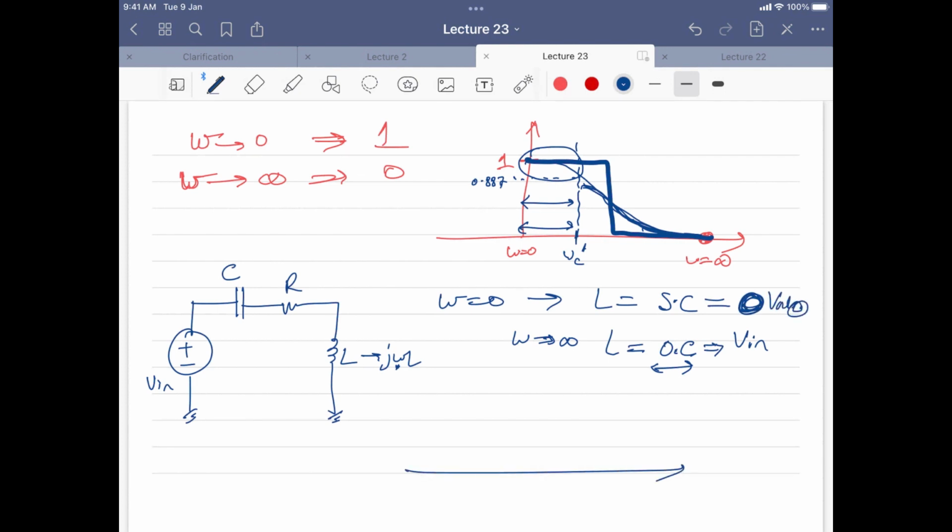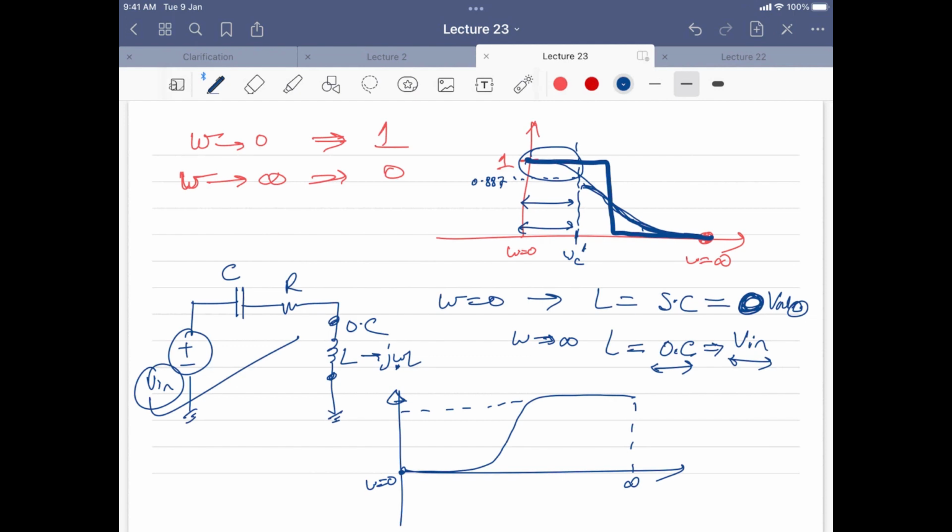So that means you have a characteristic that looks like this, because at omega equal to 0, the gain is 0, and at the infinite point, the gain is V out. It will actually be the same as V in, because this inductor will be an open circuit.